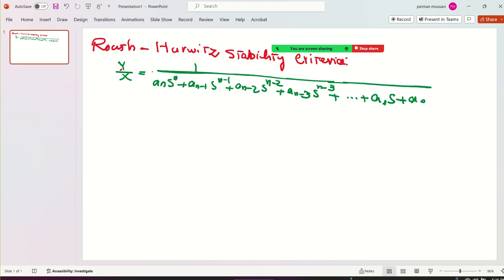And n can be any number. It can be a 10th order system, or, I don't know, 154, any number depending on the system.